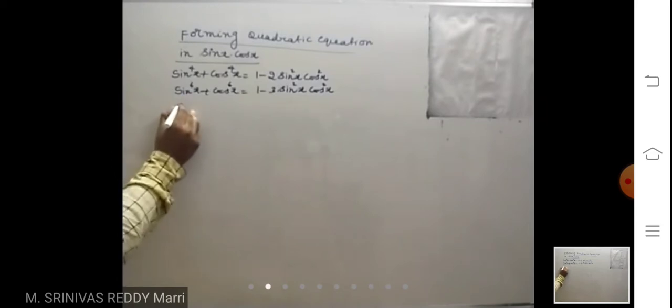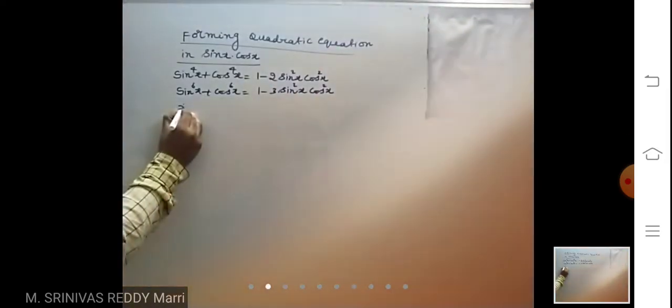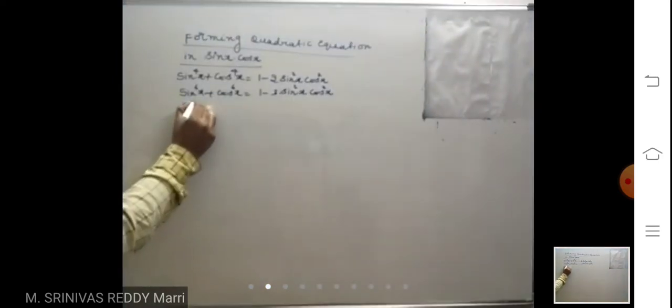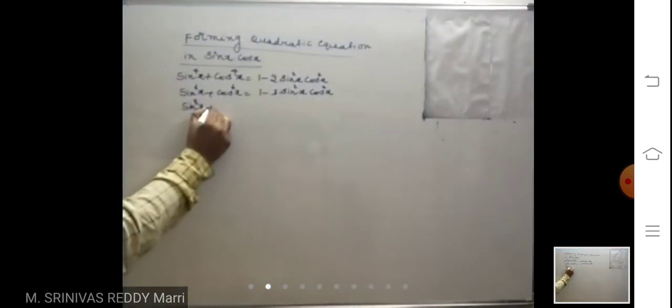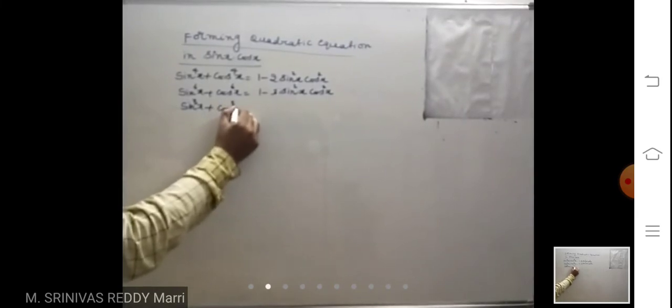Whenever, look at, in some cases you need to factorize. This is power 4, this is power 6, regularly you will get these. Suppose sin cube x plus cos cube x. This you will easily write.